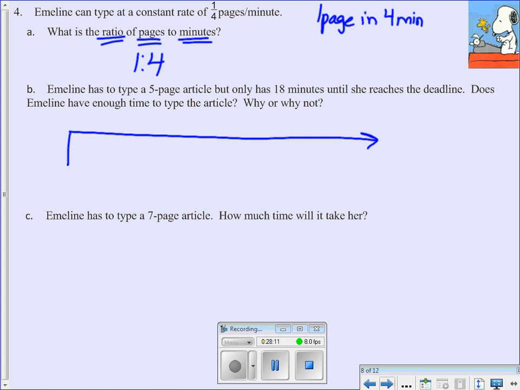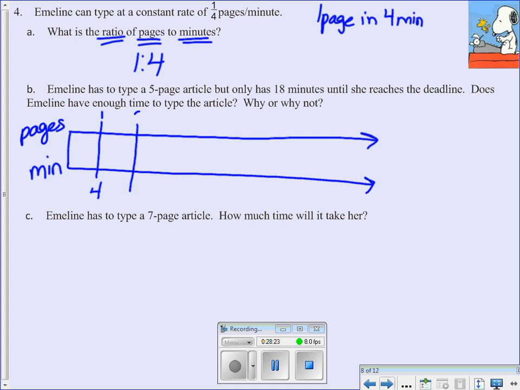A tape diagram would not be as helpful. So we're looking at pages to minutes. So 1 page in 4 minutes, 2 pages in 8 minutes, 3 pages in 12 minutes, 4 pages in 16 minutes, 5 pages in 20 minutes.